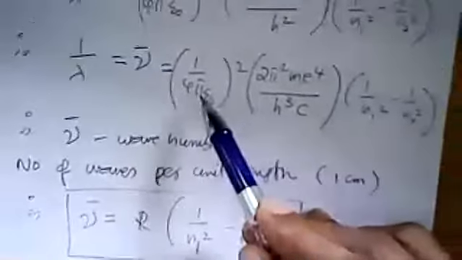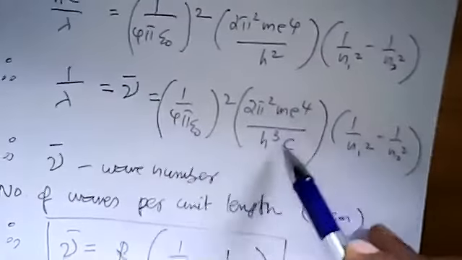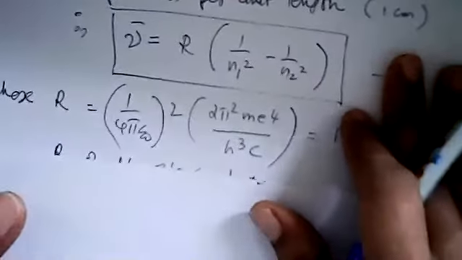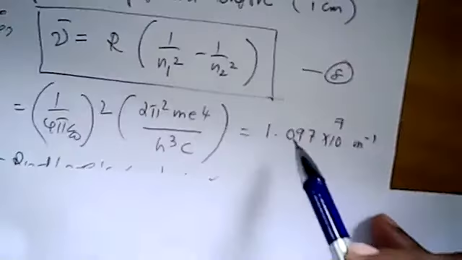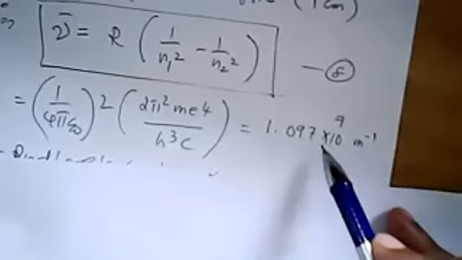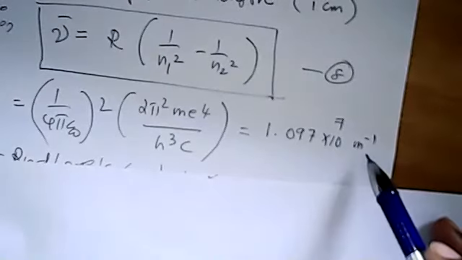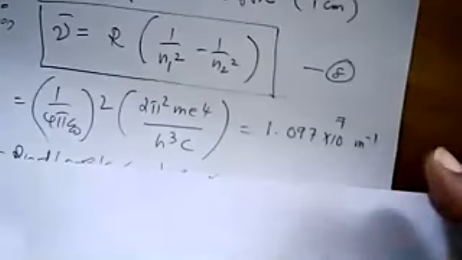Now calculate R. Substitute the values of all these known constants and find the value of Rydberg's constant. You can see that its value is 1.097 into 10 to the power of 7 meter inverse.